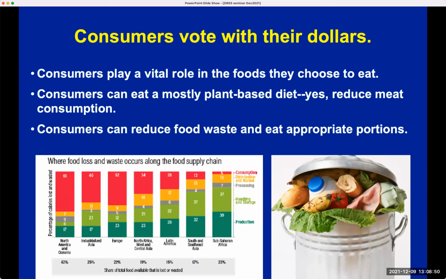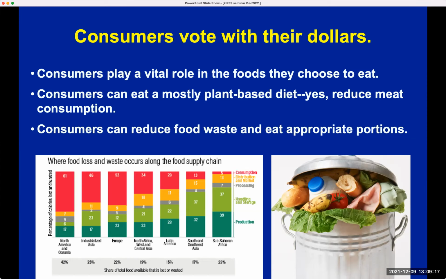We vote with our dollars, and we play a vital role in the foods that we choose to eat. It is true that if you eat mostly a plant-based diet and reduce consumption, we're probably better off, and there are a number of studies that have backed that up.